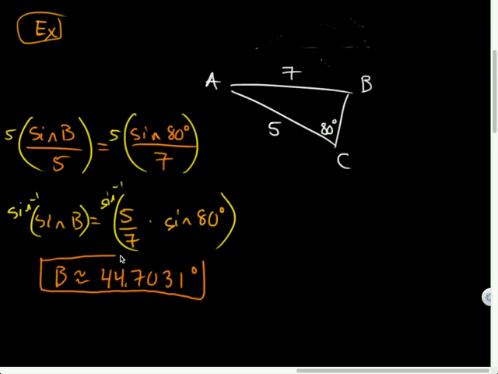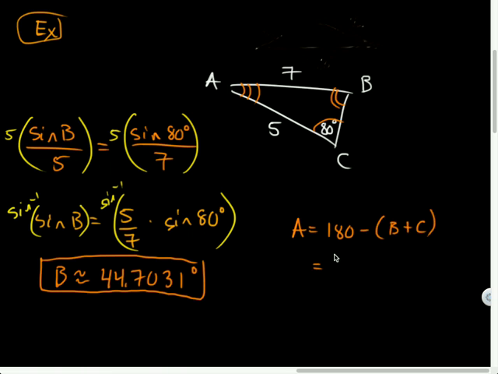And now that I know this angle and this angle, I can now find angle A. How do I find angle A? I can't use law of sines unless I also knew side A. It would just be B plus C, right?